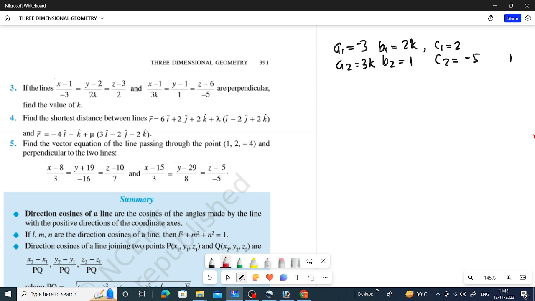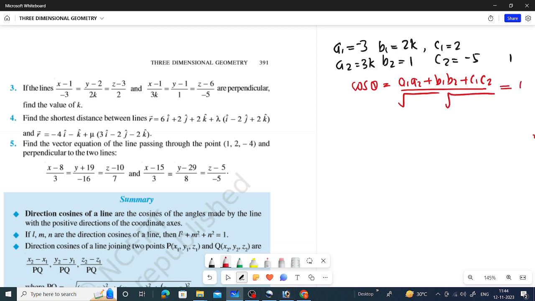As in the previous case, the lines are given to be perpendicular, therefore the angle between them is 90 degrees. So the formula is cos theta is a1 a2 plus b1 b2 plus c1 c2 all divided by square root of a1 square plus b1 square.